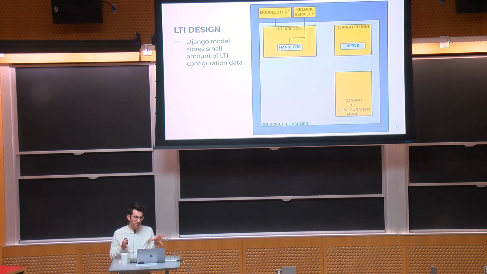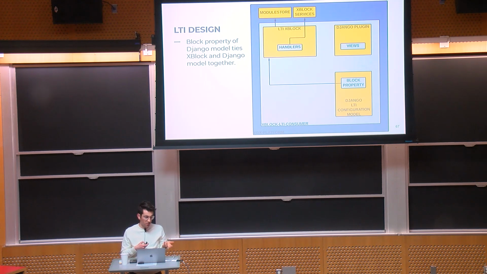But in order to get a full set of configuration data for an integration, you need to look at both. And the glue between them is this block property. The block property is a reference to a block descriptor for the corresponding XBlock. So the LTI configuration model's job is to consolidate its configuration data with that of the XBlock to return a set of configuration data.